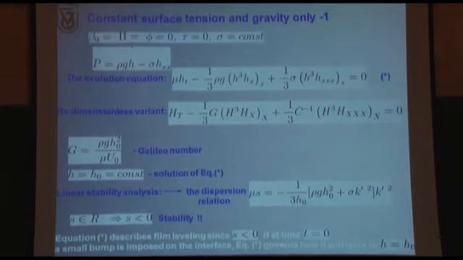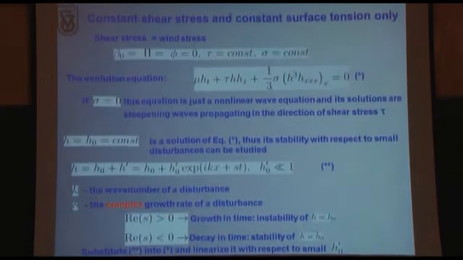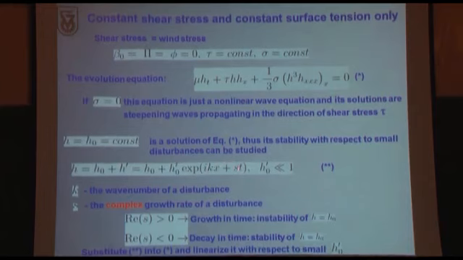So let's see what we can see from the analysis. We find a constant solution to be a solution of the equation. Let's make a linear stability analysis. Again, we do the same as yesterday. Let me remind you, that's exactly what we said. Let's assume that there is a disturbance. s is a complex growth rate, k is a wave number, and h1 is much smaller than h0.